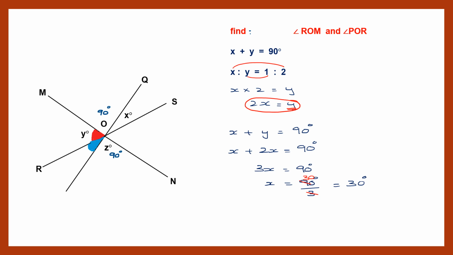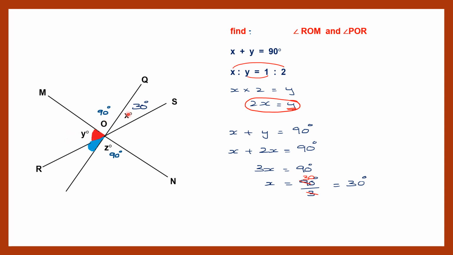So here, let's go back to this figure. Here we have x. Let's write x as 30 degrees. So we found the value of x to be 30 degrees. Now we can easily find the value of y, isn't it? There are different ways of finding. Remember, this is a straight line. So all angles on a straight line will equal 180 degrees.